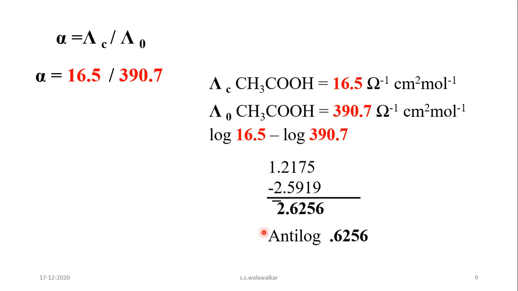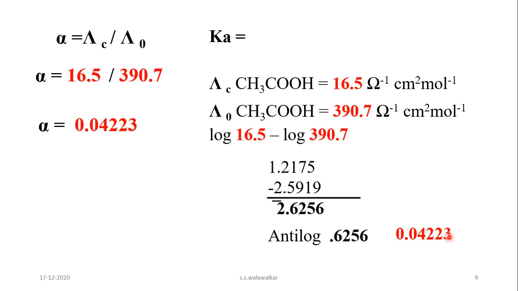So the antilog of 0.6256 is 4223. As the characteristic is bar 2, we write 0 decimal point here, that is 0.04223. So this is alpha, the degree of dissociation of acetic acid at 0.01 concentration.